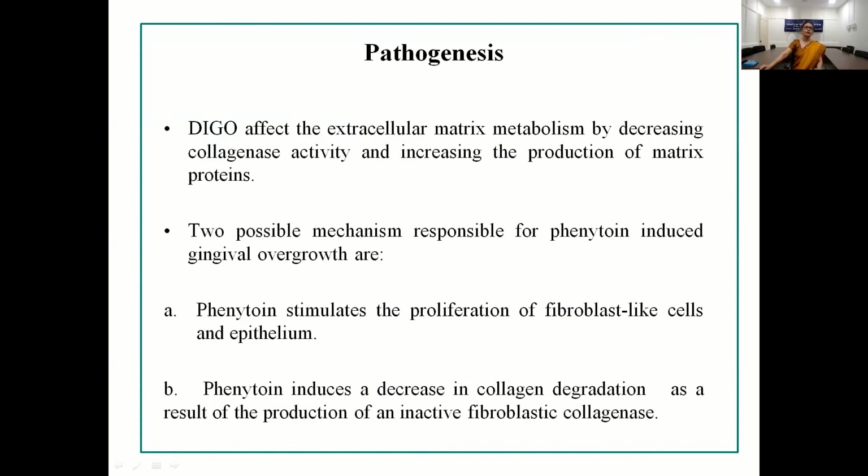Drug-induced gingival growth affects the extracellular matrix metabolism by decreasing collagenase activity and increasing the production of matrix proteins. So, two possible mechanisms are: one, phenytoin stimulates the proliferation of fibroblast-like cells and epithelium, and another, phenytoin induces a decrease in collagen degradation as a result of the production of an inactive fibroblastic collagenase.